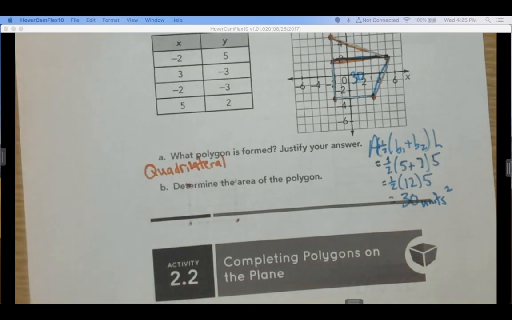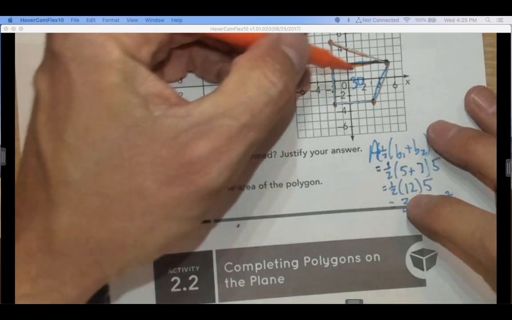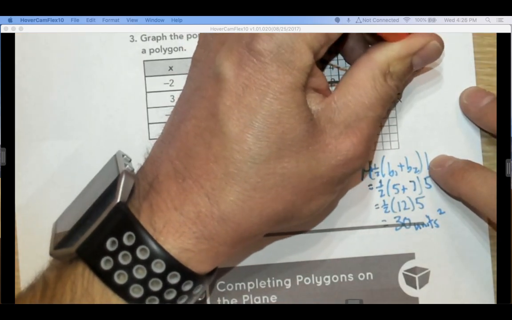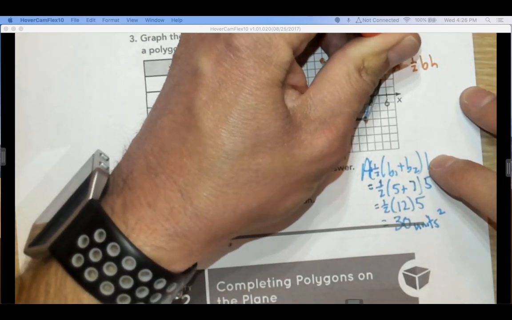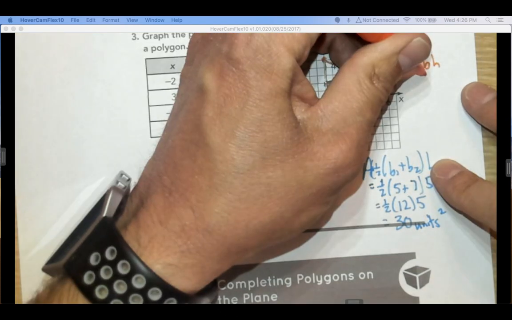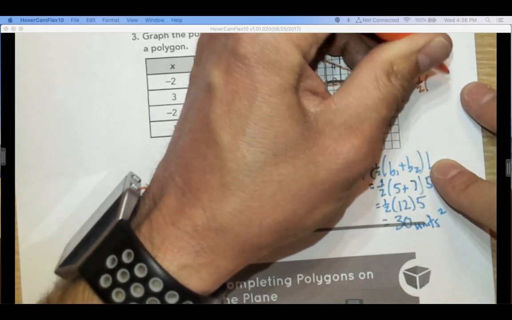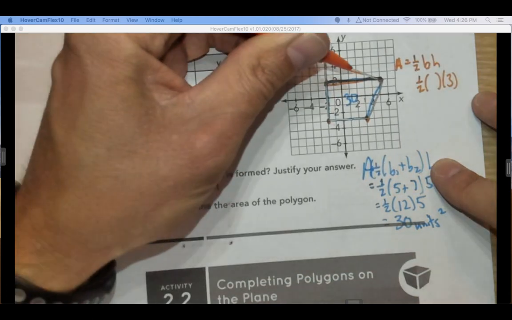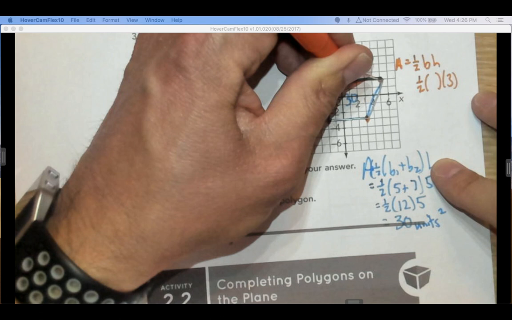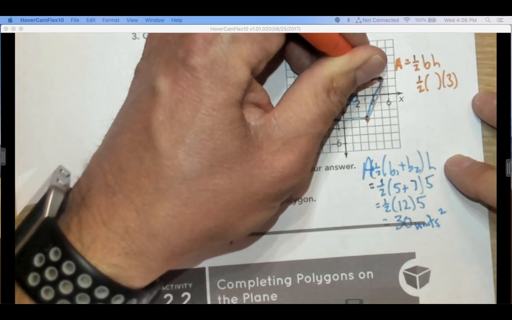The top section is a triangle, and a triangle is going to be 1/2 of the base times the height. The height here is 3 units. 1/2 times the base times 3. The base is going to be 1, 2, 3, 4, 5, 6, 7 units.